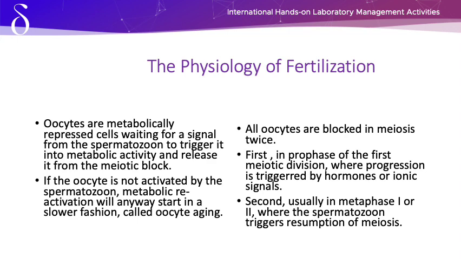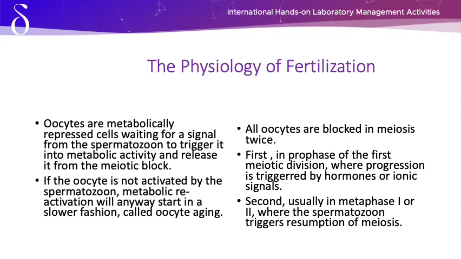So oocytes in most animals are metabolically repressed cells waiting for a signal from the spermatozoon to trigger it into metabolic activity and release it from the meiotic block. If the oocyte is not activated by the sperm, metabolic reactivation will always start in a slower fashion, and this is called oocyte aging.